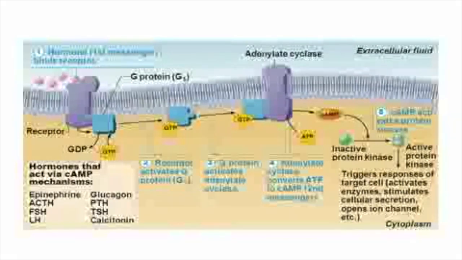Do you remember we said how hormones work, and we said that they work by either protein synthesis? What hormones do that? Steroids. Or they do these three things. They activate enzymes that are already there, they open up ion channels, or they stimulate secretion of other chemicals/hormones.